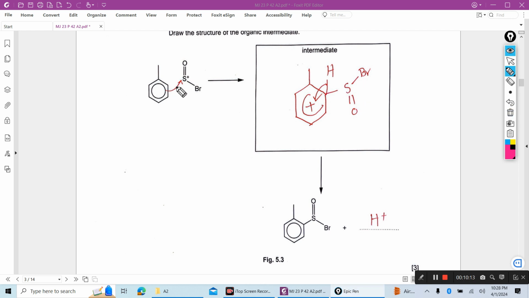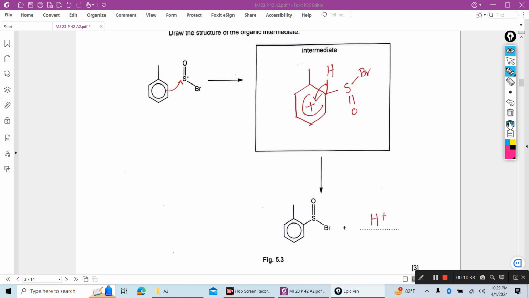As the pi bond gives electrons, the ring is partly broken down. This is the intermediate or carbonium ion. In the third step, a hydrogen ion goes away, removal of a proton, to form the product.